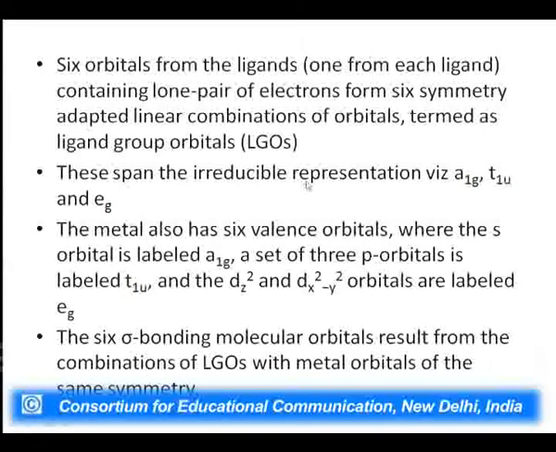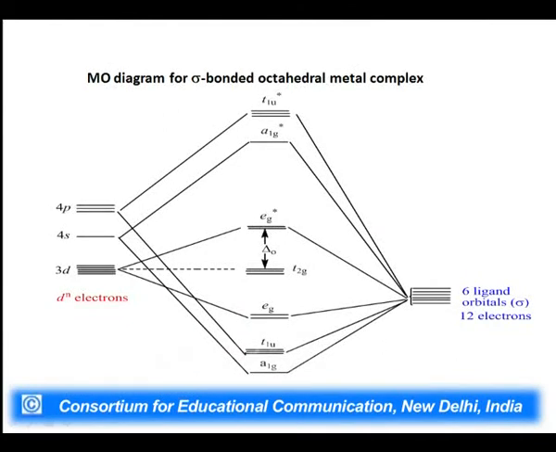If we apply group theory to get an idea of what sort of LGOs will be available in an octahedral complex for formation of the bonds or the overlap, then it will be A1g, T1u and Eg symmetries. And that is why you have seen that while we have drawn the MO, these are the symmetries A1g, T1u and Eg.